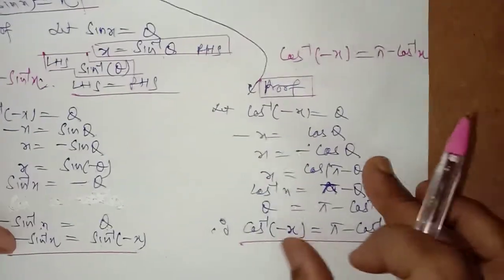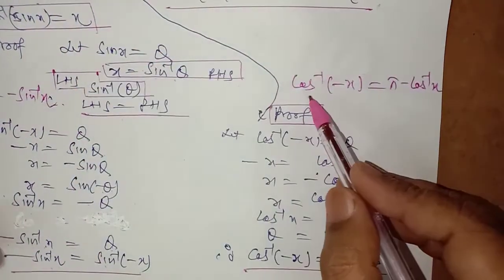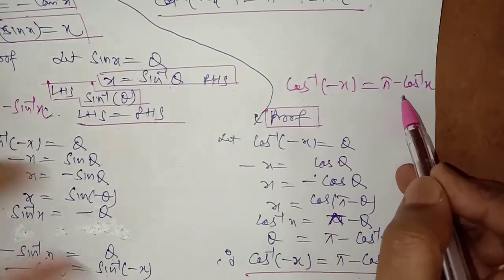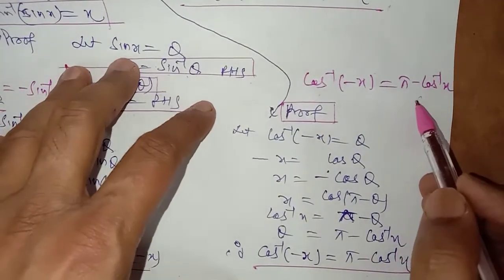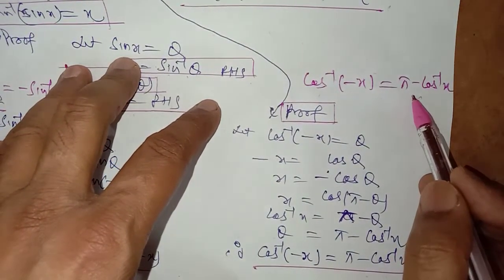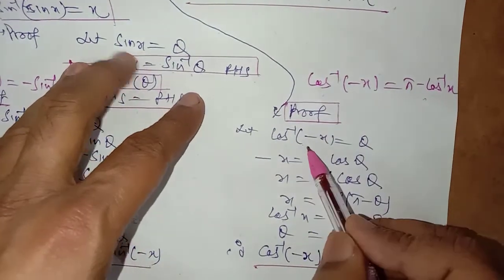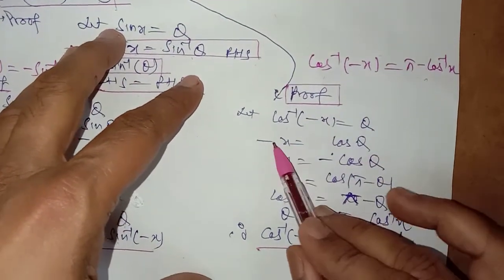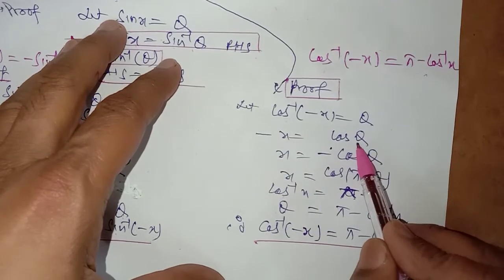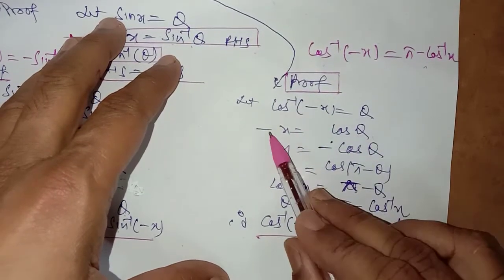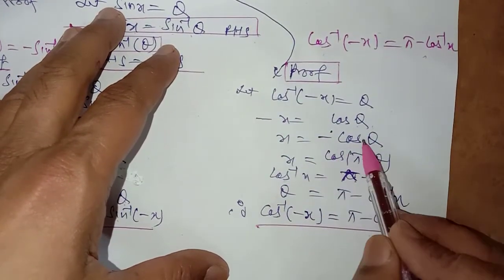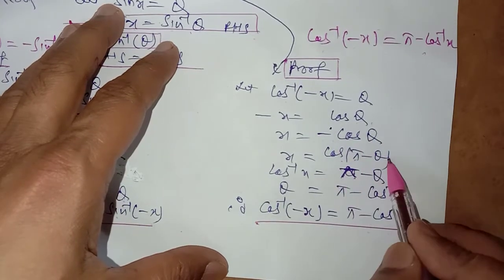Second, cos inverse minus x is equal to pi minus cos inverse x. The principal value branch of cos inverse is 0 to pi, so we'll restrict it to 0 to pi. Let cos inverse minus x be equal to theta, so minus x is equal to cos theta. Take the minus to the right hand side. For minus cos theta we can write cos of 180 minus theta.